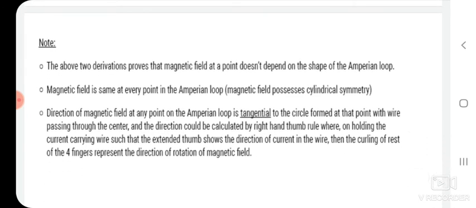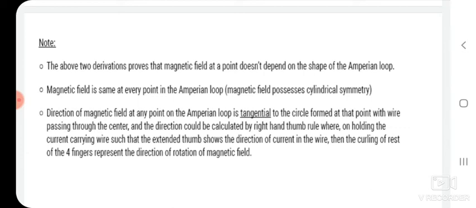There are keynotes of this Ampere circuital law. The above two derivations prove that the magnetic field at a point does not depend on the shape of the Ampere's loop, the Amperean loop, for symmetric as well as asymmetric loops.